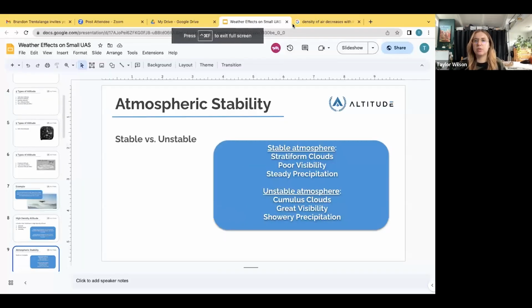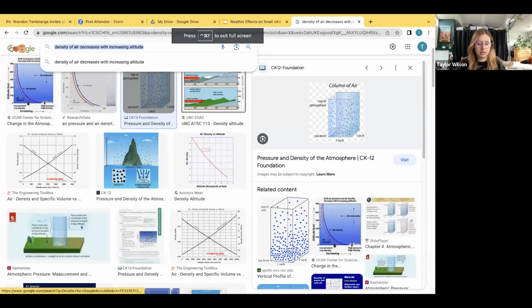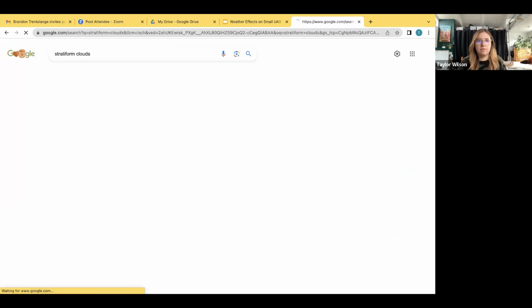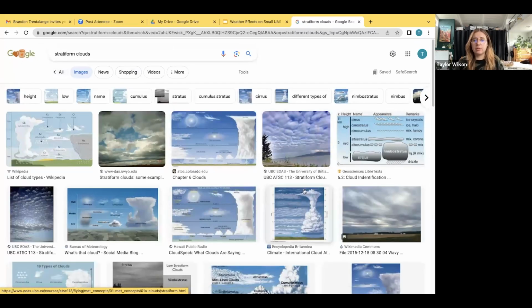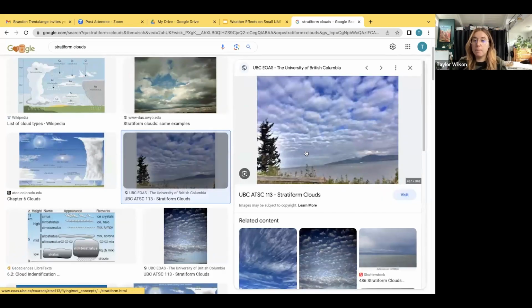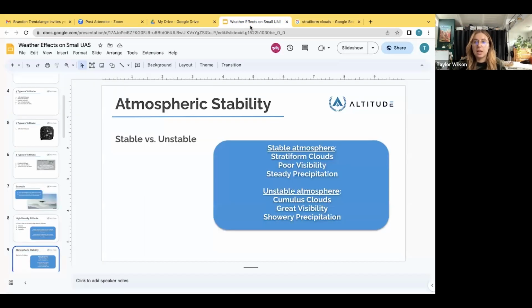I should have included a picture here, but just so you can get a visual, a stratiform cloud is like a blanket of clouds with little to no vertical movement. It's just a thin blanket of clouds. You can also anticipate poor visibility and steady precipitation in a stable atmosphere because we don't have a lot of wind going on.